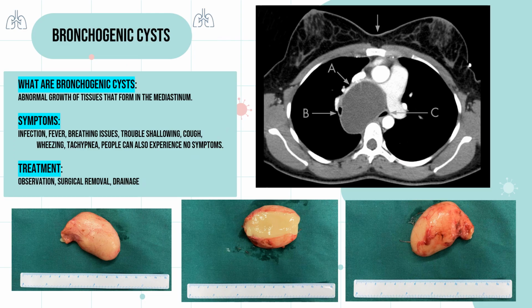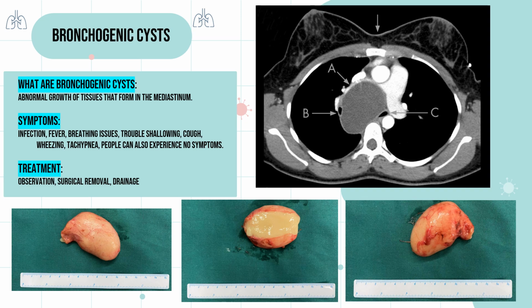Now we'll be moving into the congenital pulmonary disorders we will be discussing. Here we have bronchogenic cysts. They are one of the 4 general types of congenital lung disorders we will be discussing.